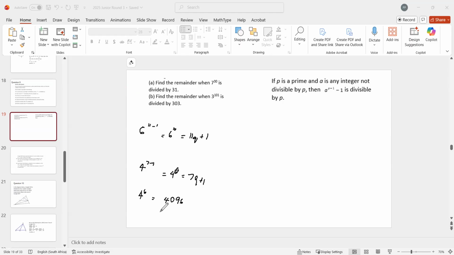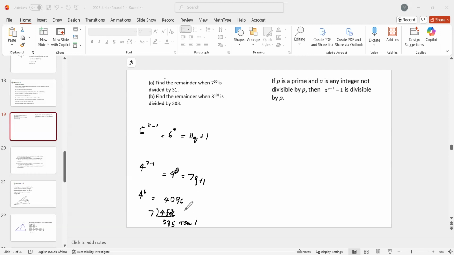Okay, and if you divide this by 7, 7 goes into 40 5 times. 7 5 is 35. 7 goes into 59 8 times. 8 7 56, remainder 3. 7 goes into 36 5 times. And 7 5 is 35, so the remainder is 1.